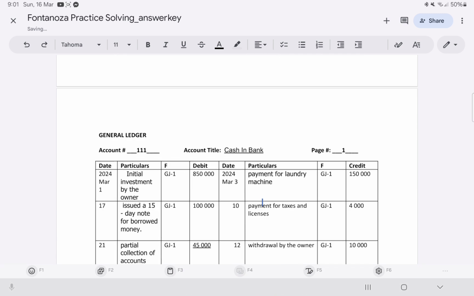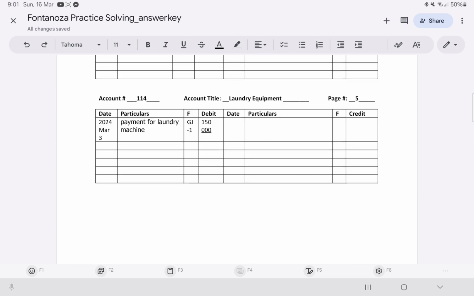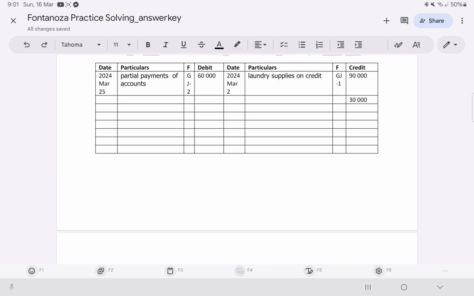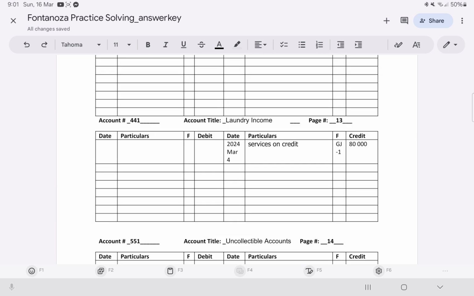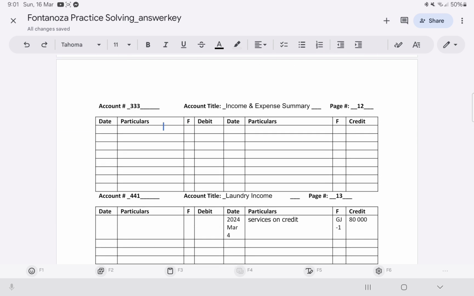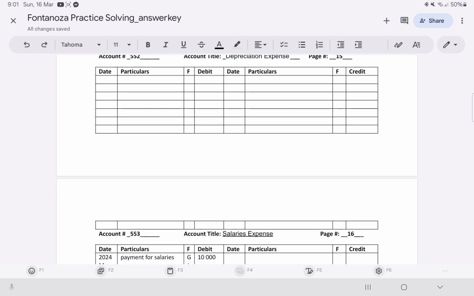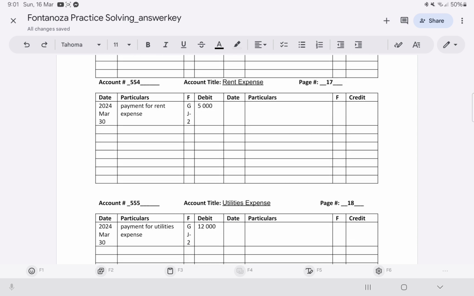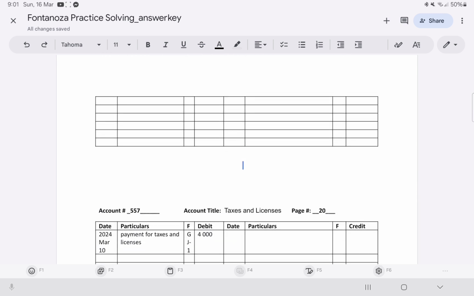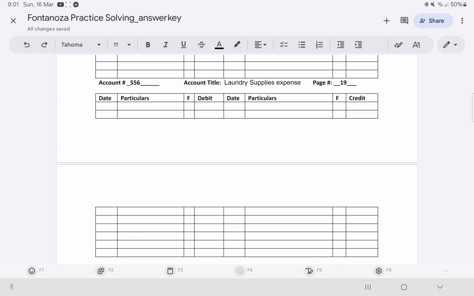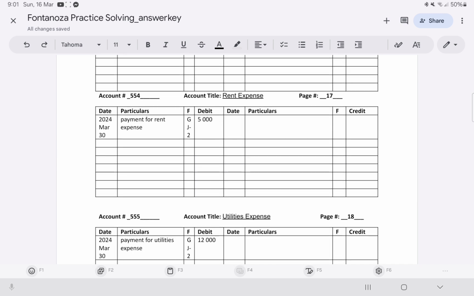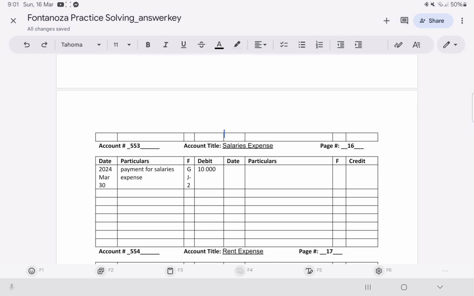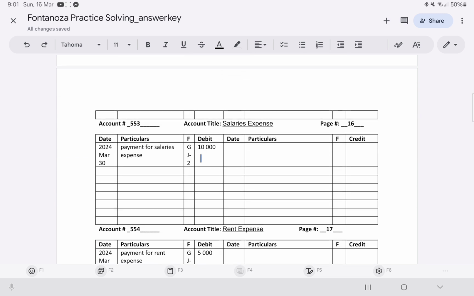Okay, so go to the general ledger. Okay, here, rent expense. Okay, here's the salaries expense.